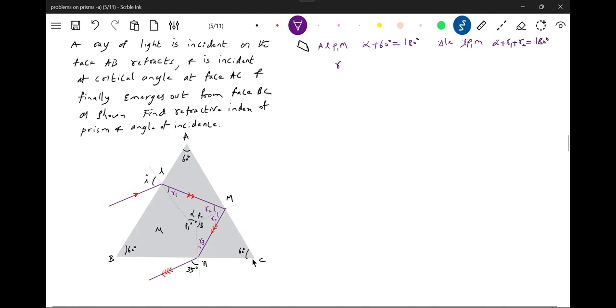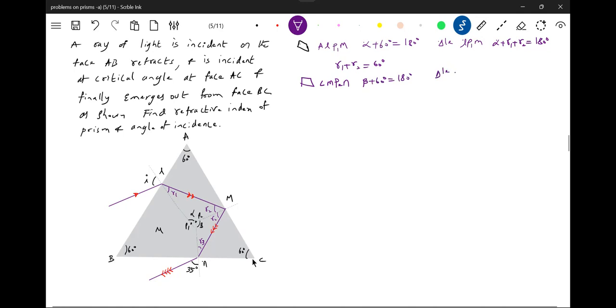So from here, similarly, in the quadrilateral CMP2N, this should be beta plus 60 equals 180 degrees.